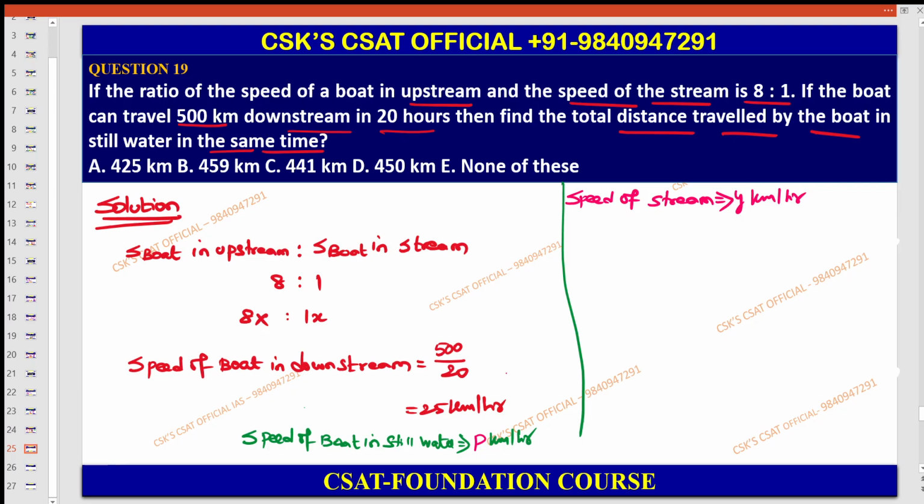Now you can see the downstream speed here is 25 kilometer per hour. So p plus y is nothing but 25 kilometer per hour. That is the downstream speed.